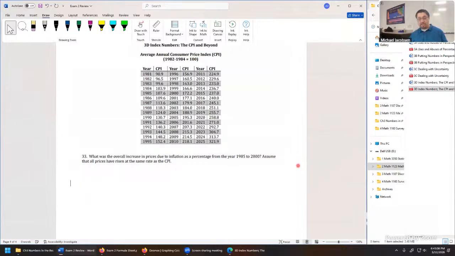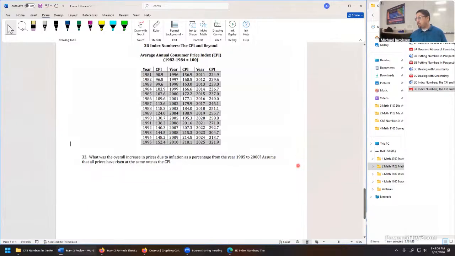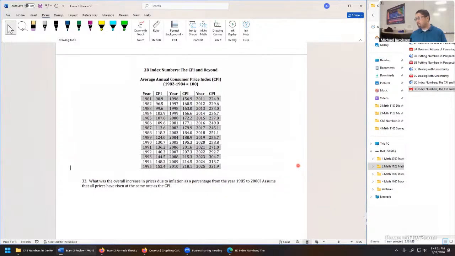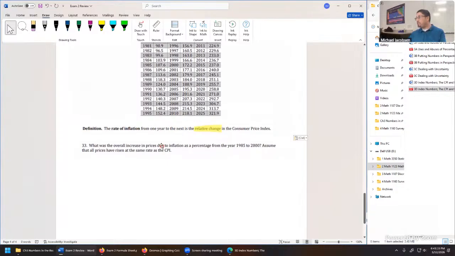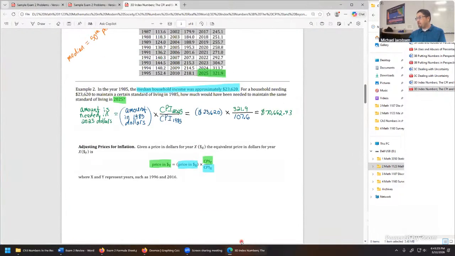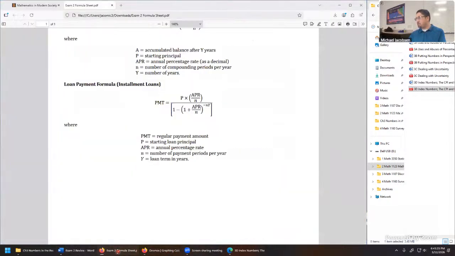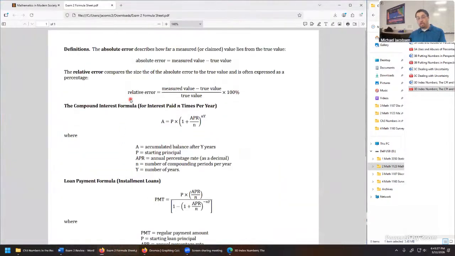So to work through this problem, here's the concept that we're going to need as well. The rate of inflation from one year to the next is the relative change in consumer price index. And now you will have on your page of notes on the exam, sorry, wrong screen there, relative error. The relative change is the same kind of idea, but just a different context.